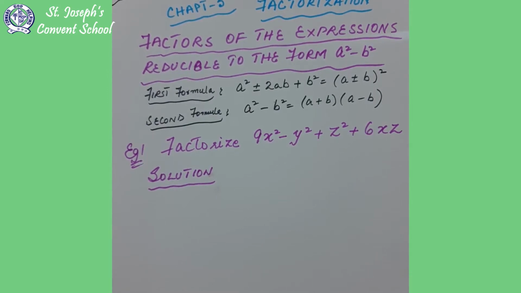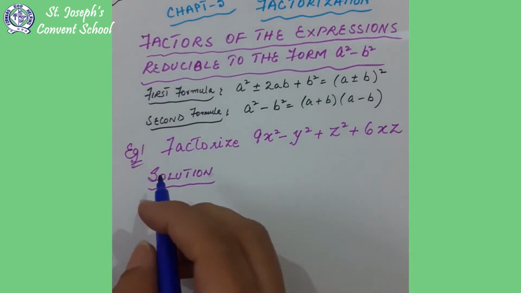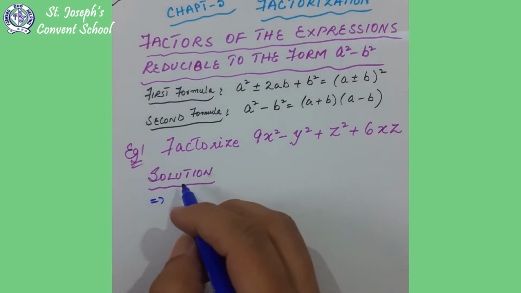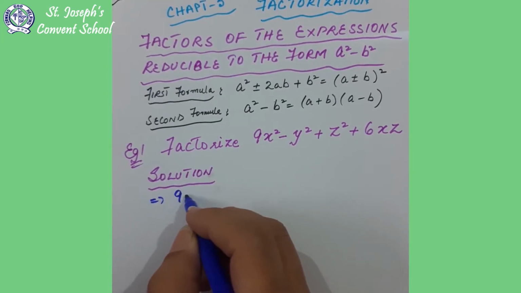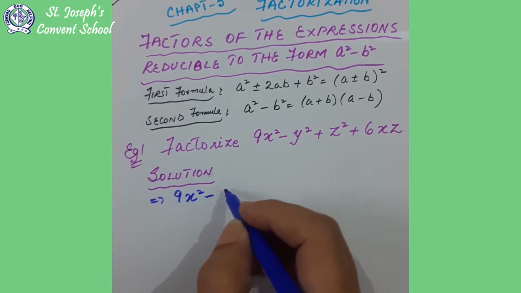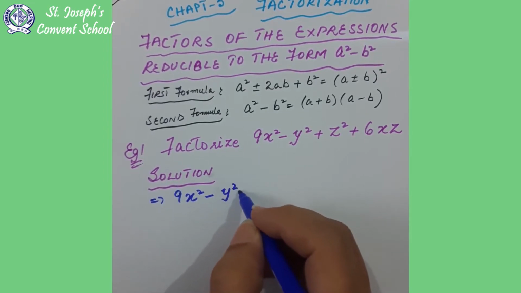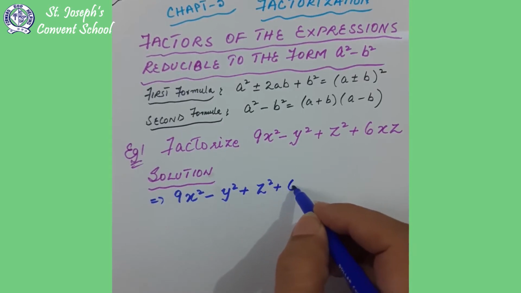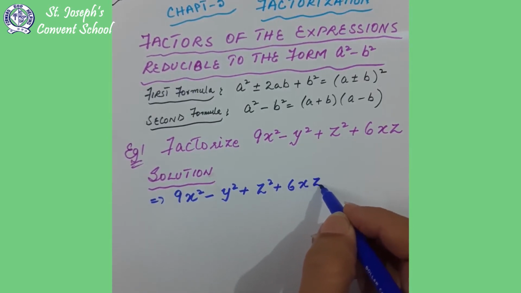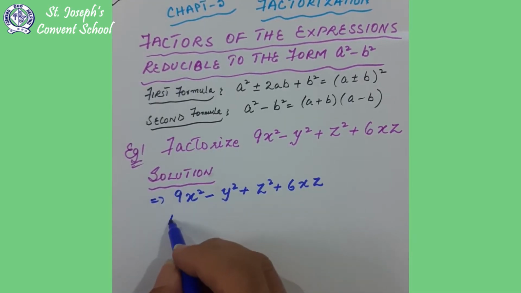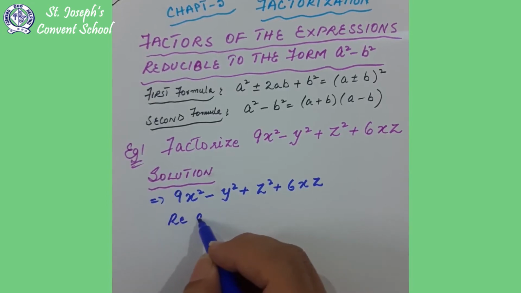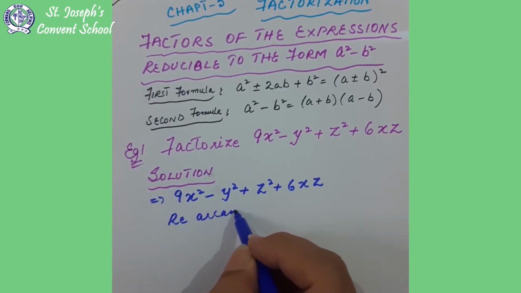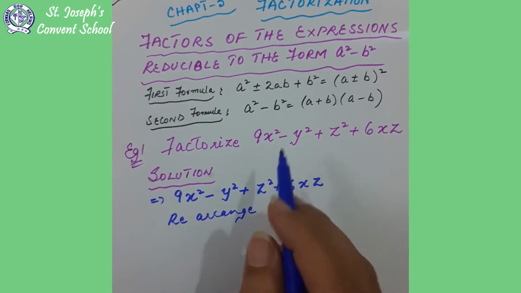Let me write the question first: 9x square minus y square plus z square plus 6xz. Now we will rearrange it according to the first formula.